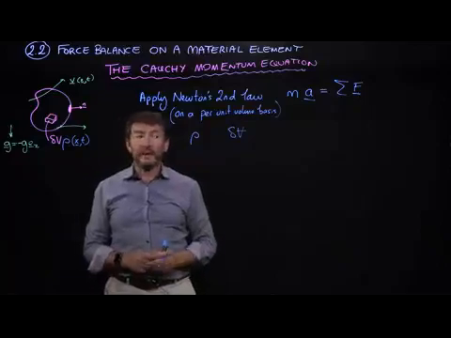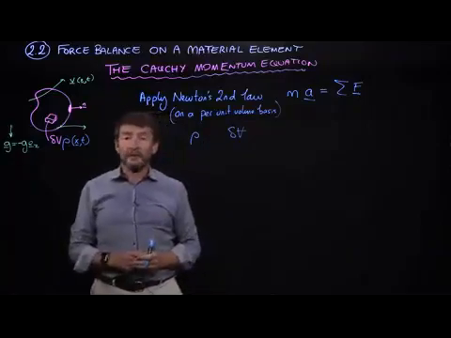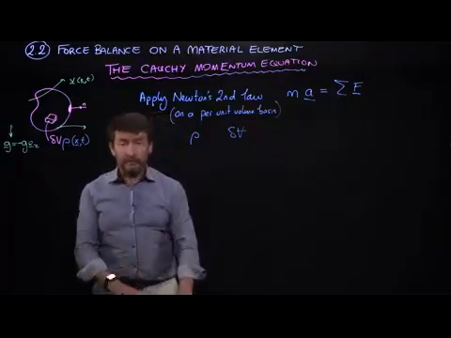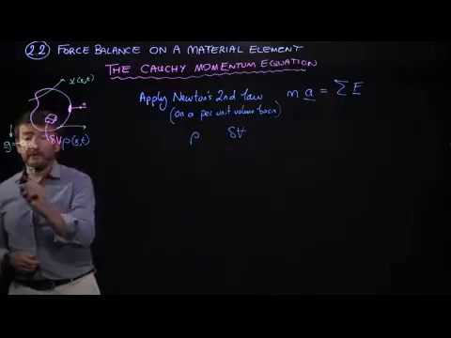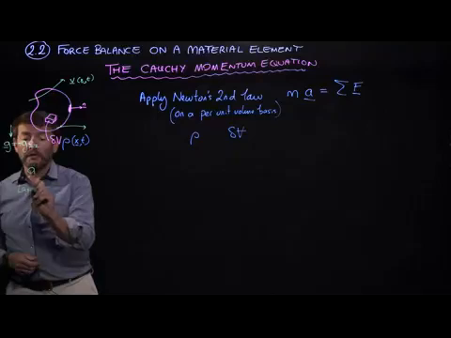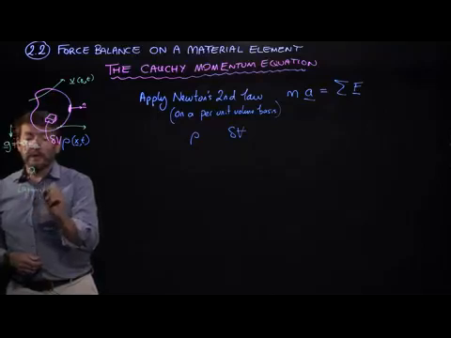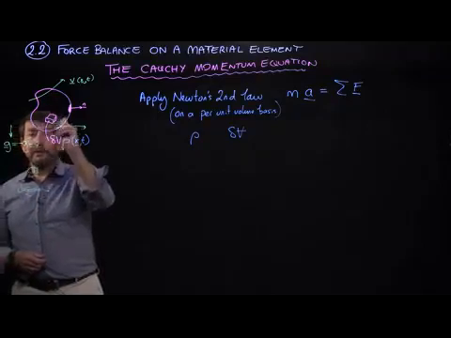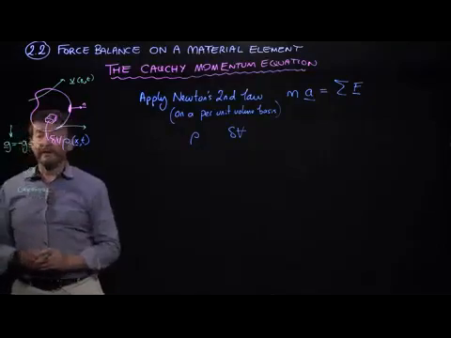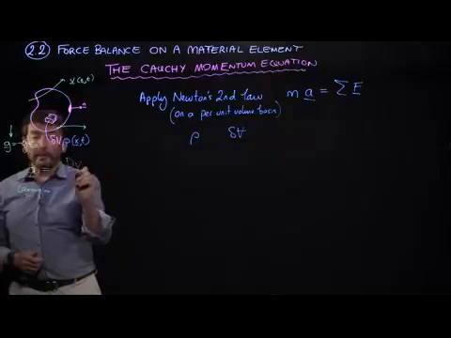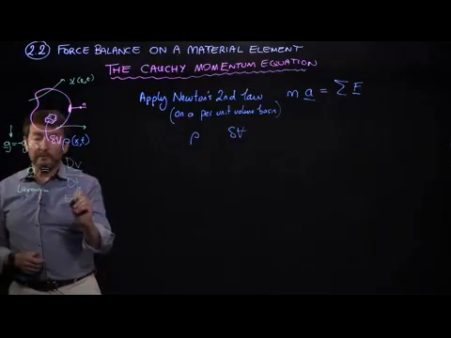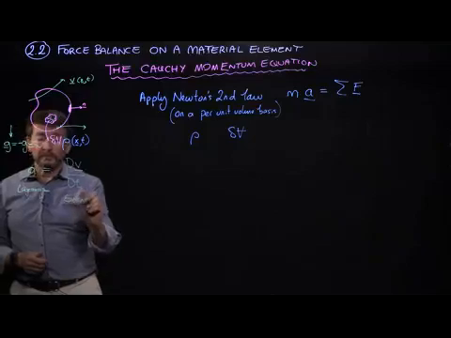And then we need to write down an expression for the acceleration. And we've seen a way of describing acceleration. We would think about acceleration a in a Lagrangian framework. But if we are going to be interested in following the acceleration of this little material element of fixed identity, then we know that the equivalent statement in the Eulerian framework is to write it in terms of the material derivative of the velocity.